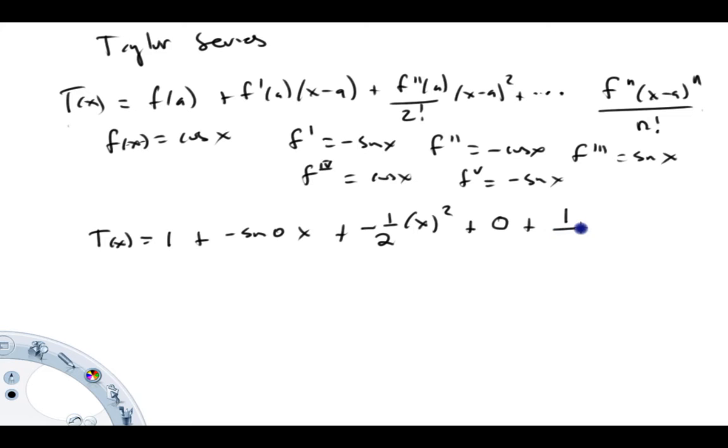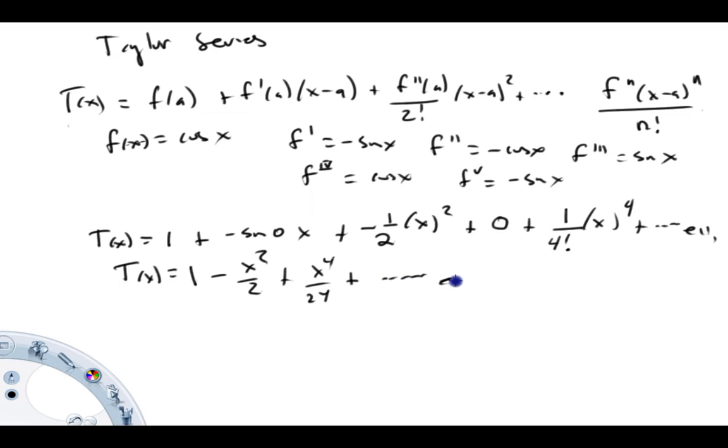And then we're going to have over 4 factorial times x minus 0 to the fourth plus, and I usually just put dot dot, etc. So our Taylor series expansion here for cosine x is 1, and this term is gone, minus x squared over 2. This term is gone, plus x to the fourth over 4 factorial, which is 4 times 3 is 12 times 2 is 24. Plus, and then I usually just put etc.